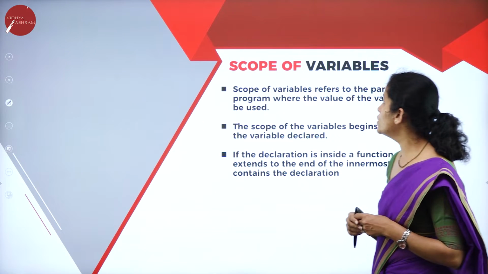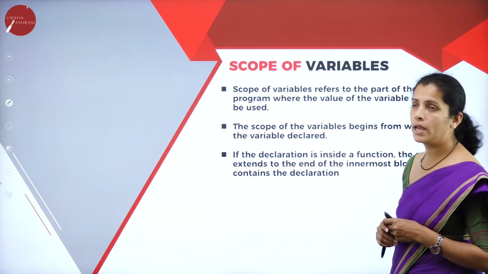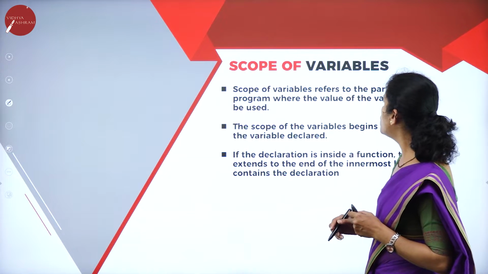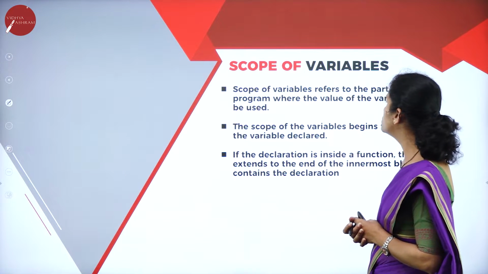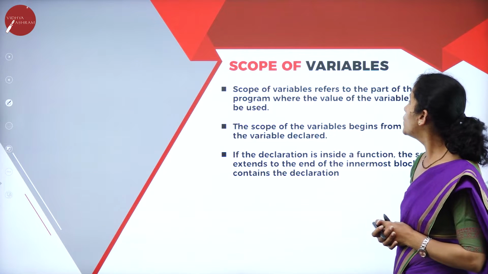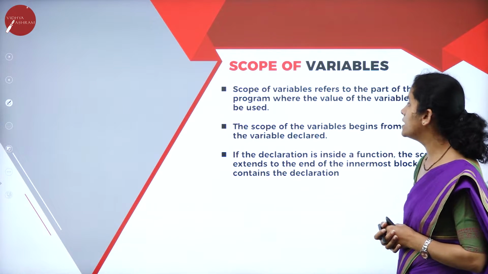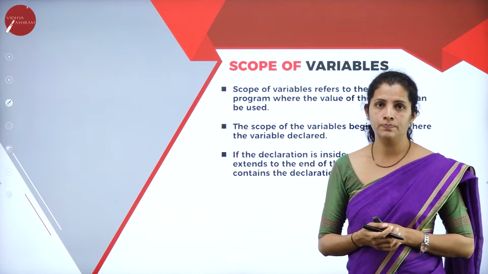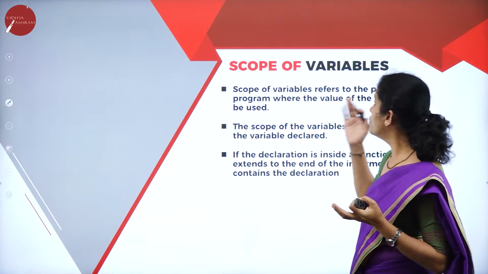Moving further, I'm going to have the scope of the variables. The scope of the variables refers to the part of the program where the values of the variables can be used. So what is the scope of the variables?